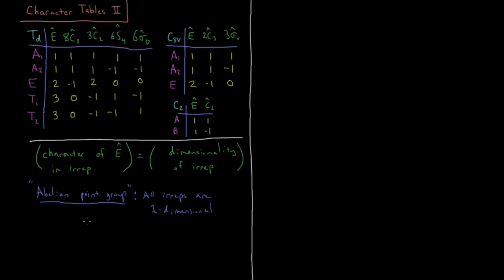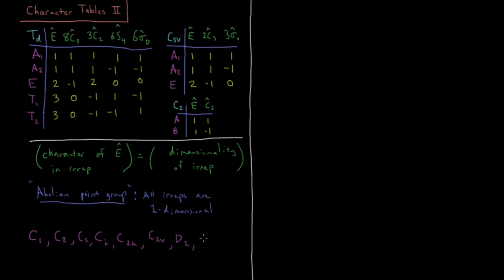So what are some examples of abelian point groups? As we saw in the previous video, C1 only has 1. C2, as I show up here, has only 1s. CS, CI, those other very simple groups. C2H and C2V from the previous video.